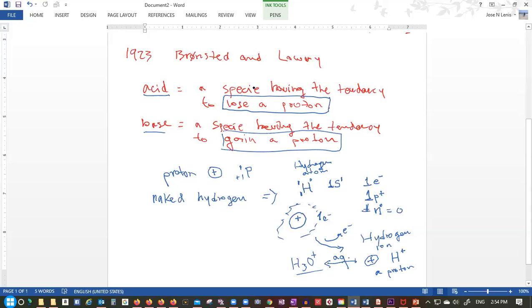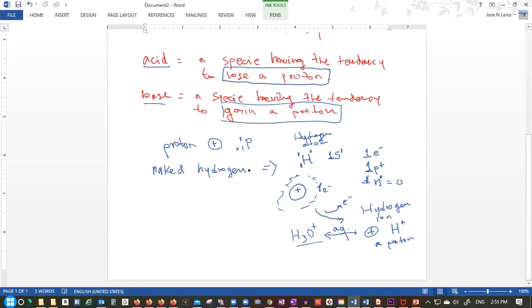So if a species, and we talk about species and not just compounds, because these species can be ionic species or neutral species, they have the tendency to lose a proton. Whereas a base, according to Bronsted-Lowry, this species again could be molecular, could be ionic compounds, have the tendency to gain protons, H plus.